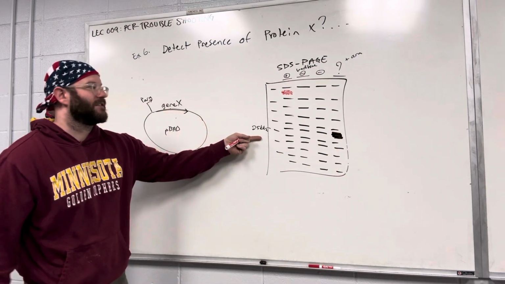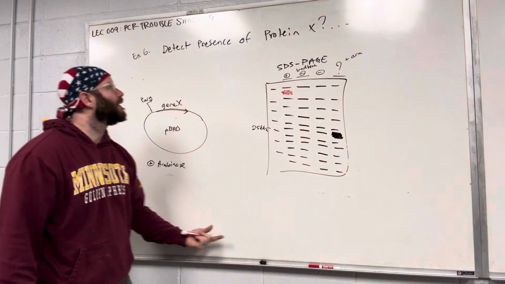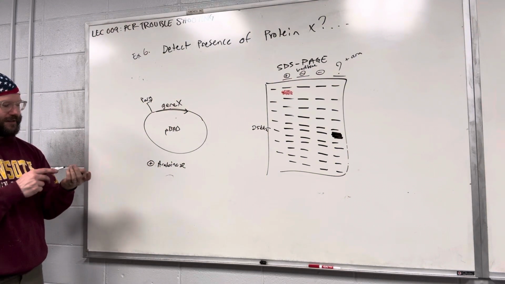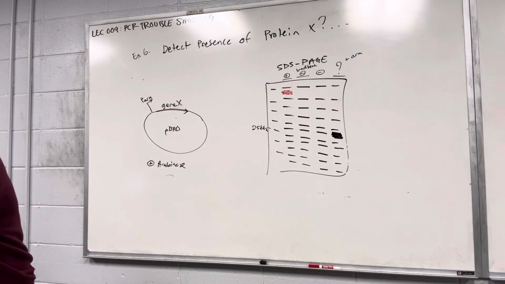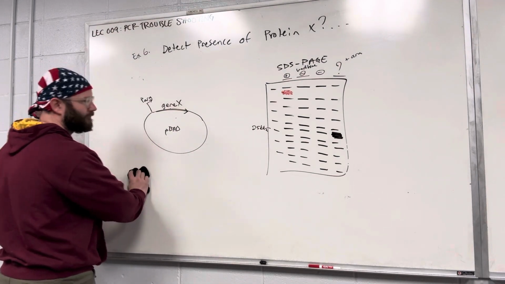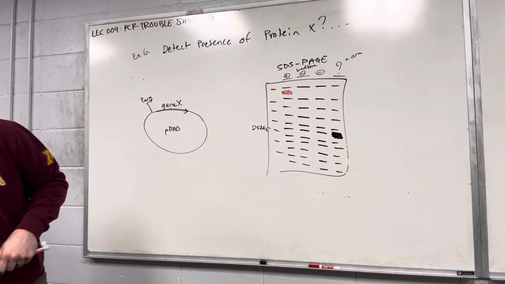You might see something that looked like that. This would be a positive confirmation that your protein expression is working. Does that make sense? Okay, it's a good experiment. We'll talk more about that in protein expression.